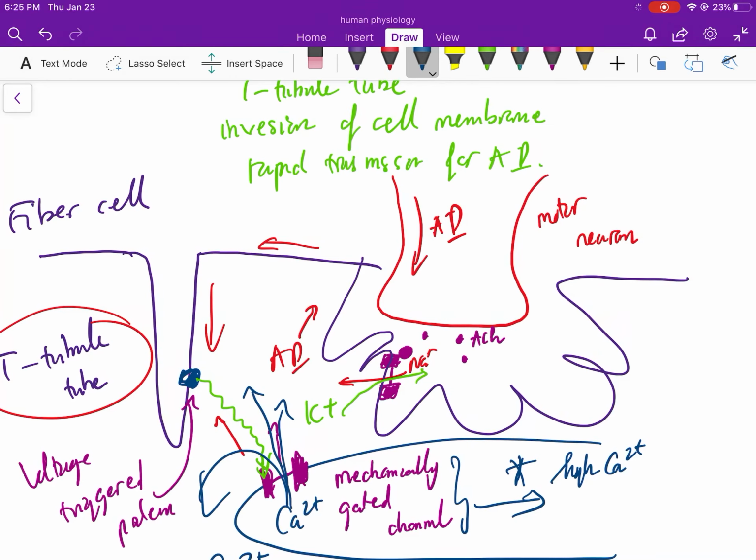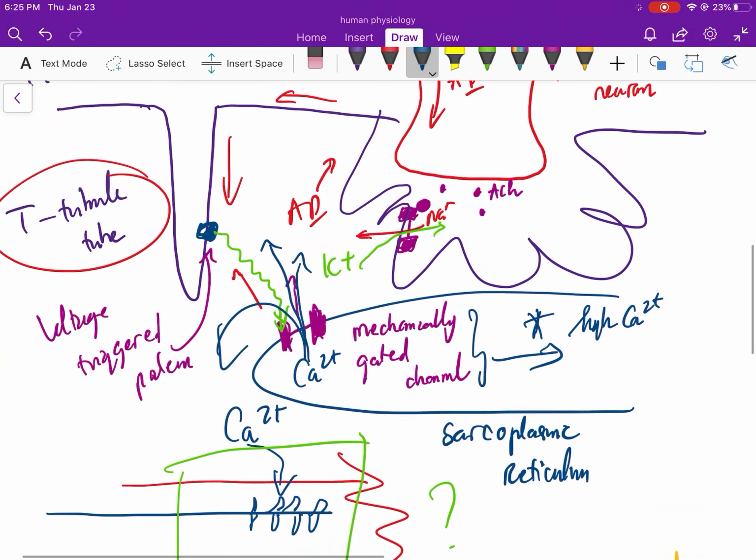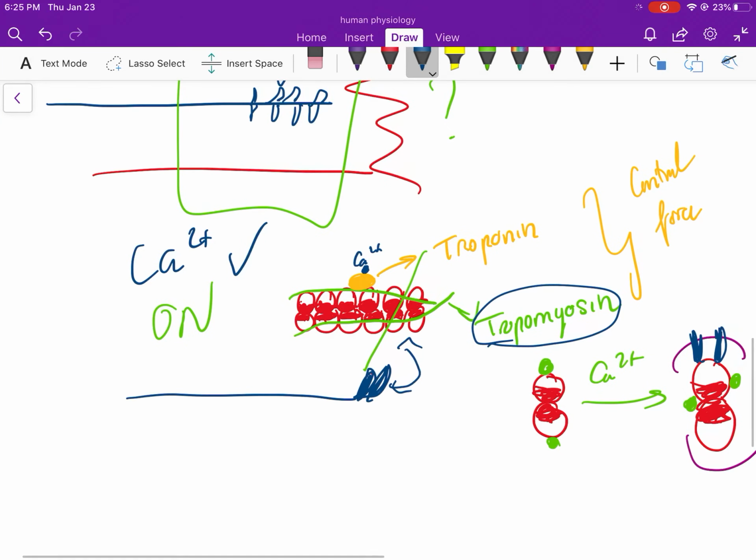Another action potential goes to the tubule, and this activates the voltage-triggered protein. This makes a force that pulls the mechanically gated channel and releases all the calcium. When calcium flushes out, it binds to troponin. Troponin then activates and rotates our tropomyosin, reveals the binding site, and now our myosin can bind on the actin and generate the force.